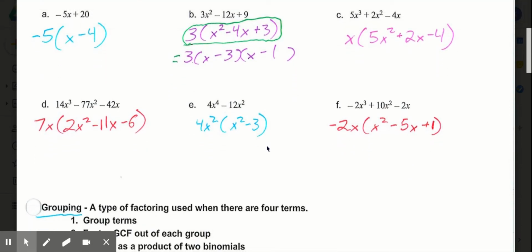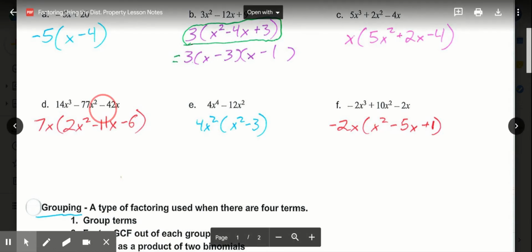In D, 14x to the third minus 77x squared minus 42x. Each of these terms shares at least one x, so I know I can divide out an x. Also, I can divide out 7 because the numbers out in front are all divisible by 7.